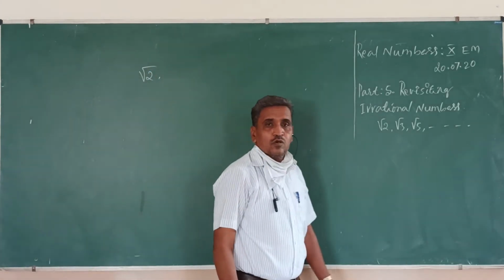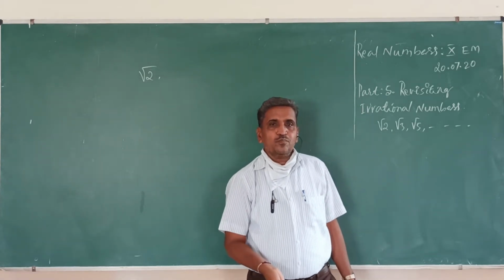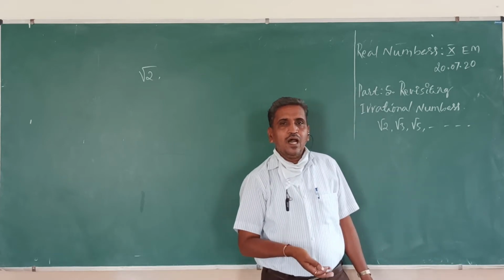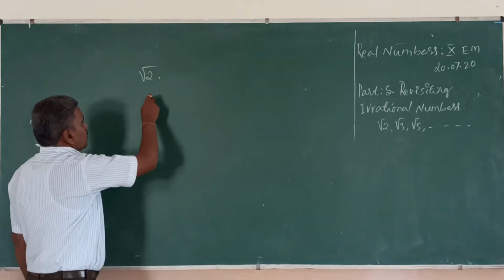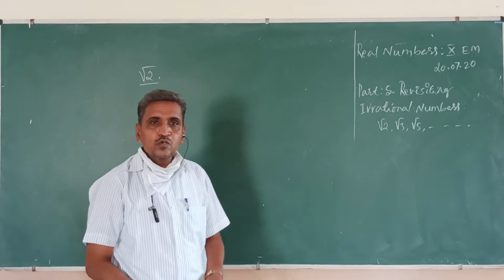Irrationals are numbers which cannot be put in the form of p by q. So what is the square root of 2?